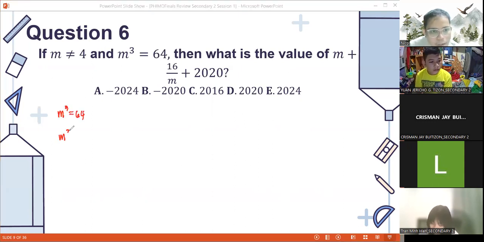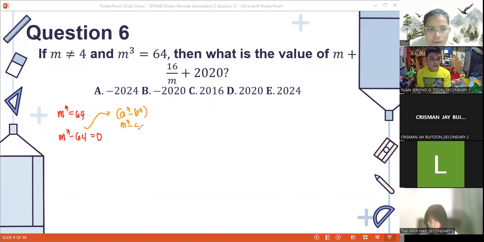This one is m cubed minus 64 is equal to 0, right? And what is this one? Okay, let me use another color. This one is a cubed minus b cubed, which is m cubed minus 4 cubed, correct? So what is in this form?